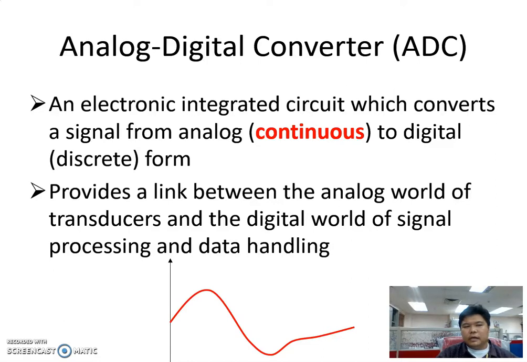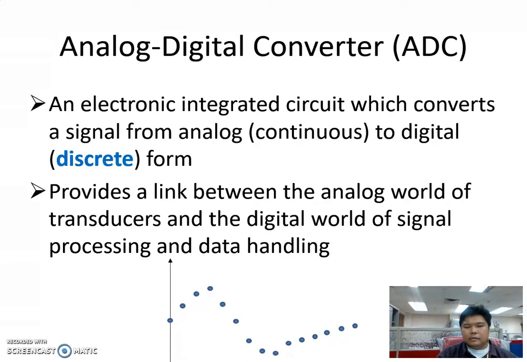So again, an ADC is an electronic integrated circuit which converts a signal from analog, continuous, to digital, discrete form. Here's an example of an analog signal, and this is an example of a discrete signal.